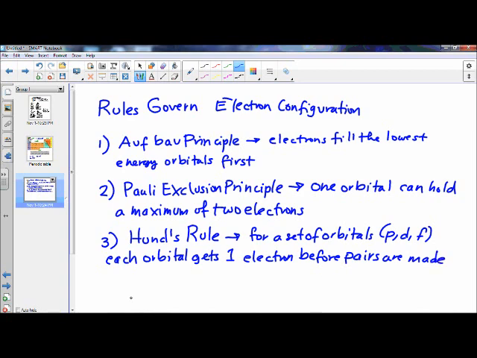Okay, it's a little bit like when you're dealing out a deck of cards if you're going to play a game. You go around, you give every person at the table one card, and then you go around again and you give them all a second card.